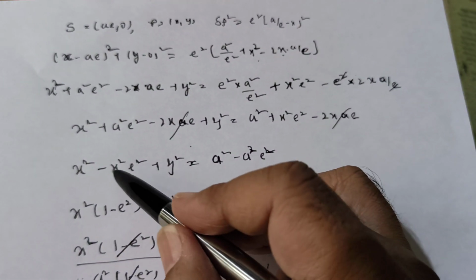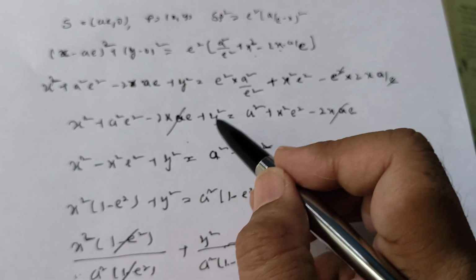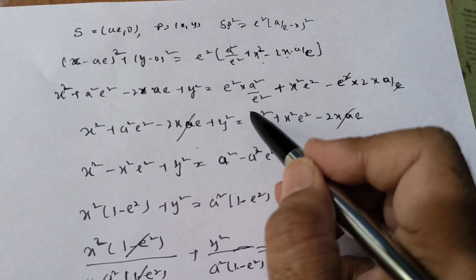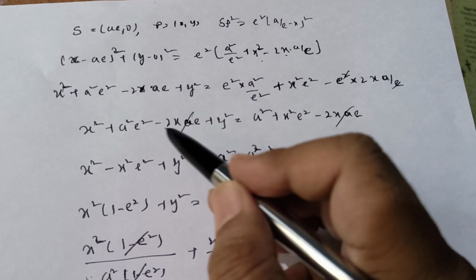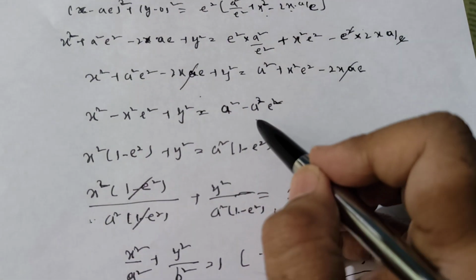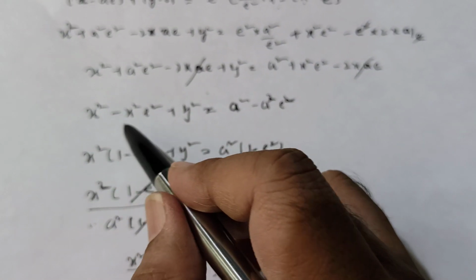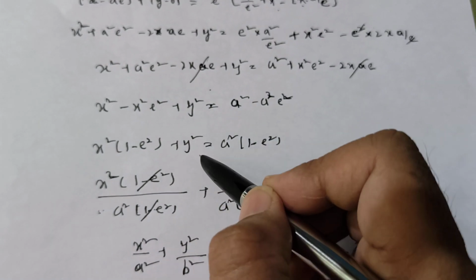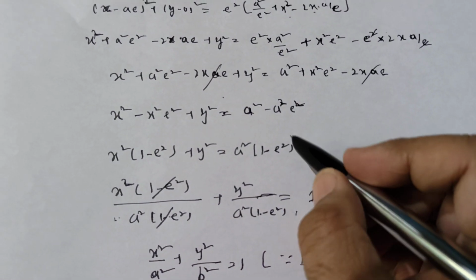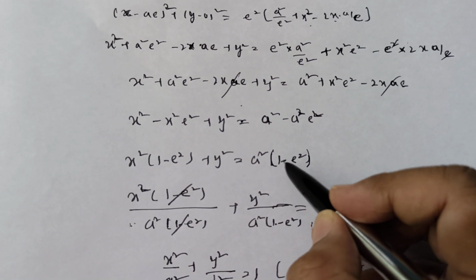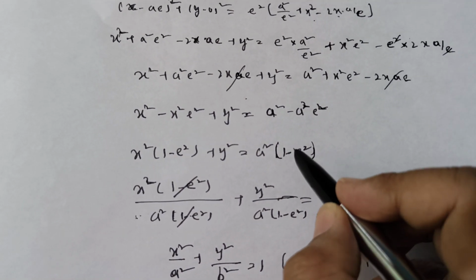Take this to the left hand side: X square minus X square into E square, plus Y square. On the right hand side, A square is there, keep A square, take this to the right hand side, A square E square, that is minus A square E square. From the respective two terms, you take X square common, you get 1 minus E square, plus Y square. From the respective two terms, you take A square common, you get A square into 1 minus E square.